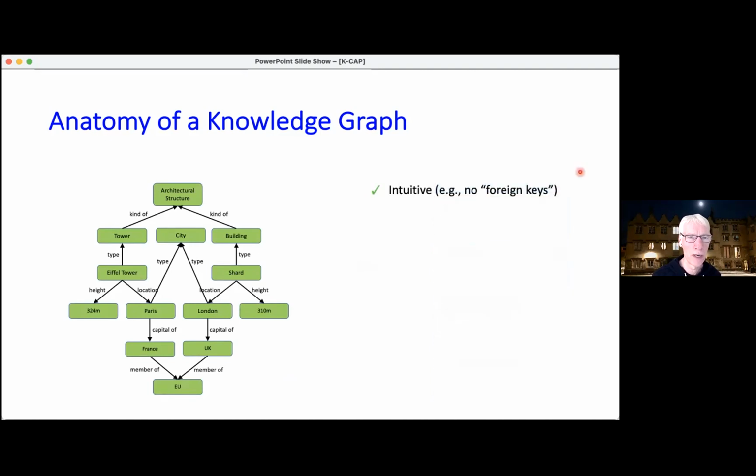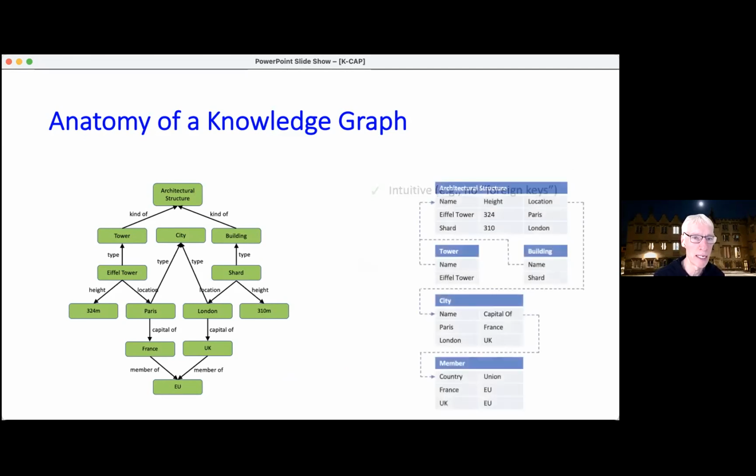But with the graph form, we can see some pretty obvious advantages. For one thing, it seems to be more intuitive. When I look at the graph, it's pretty easy to understand what knowledge it's capturing, or at least it seems to be easy. More concretely, I don't need any foreign keys to explain how to navigate around this table structure, which otherwise would be quite difficult to understand.